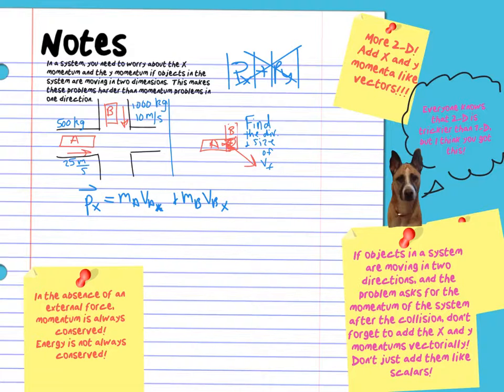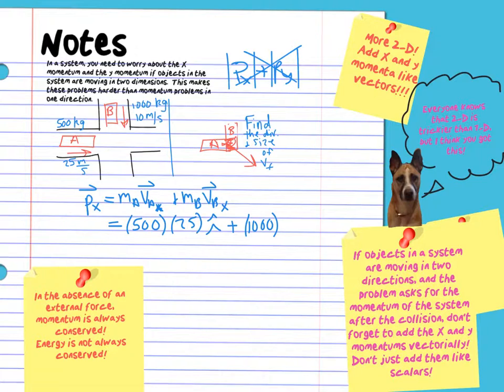Okay, so let's continue. MA is 500 times 25, and actually, let's be correct here. These are vectors, so this is in the i direction, plus, and I'm writing all this out explicitly just because we're going over it for the first time.